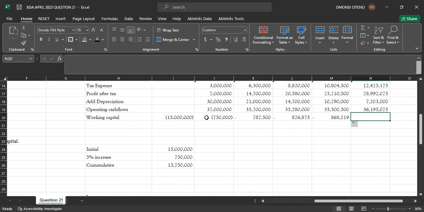So once we have been able to get the working capital that was spent all through to 2027, can someone give us the amount we are going to recover in 2028?